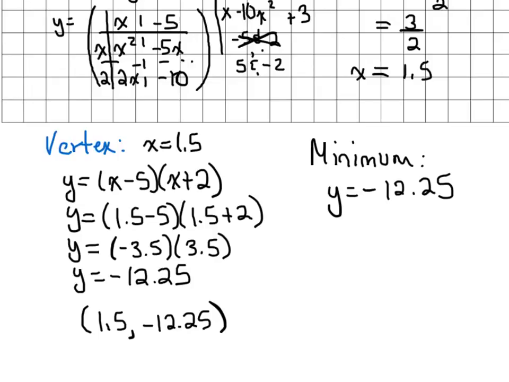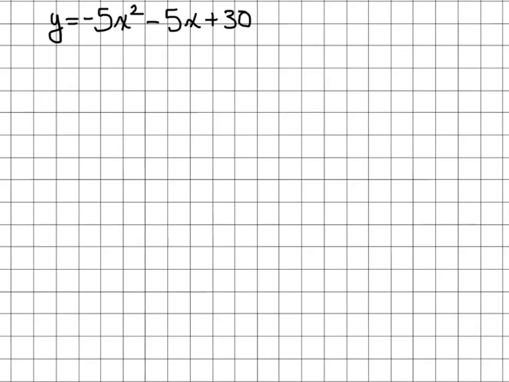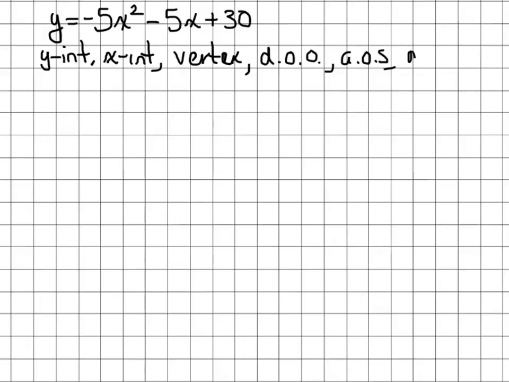So we'll just do one more where I will give you an equation, and what I want you to do is determine all of the properties. So here we have y equals minus 5x squared minus 5x plus 30, and I would like you to find the y-intercept, the x-intercepts, the vertex, direction of opening, axis of symmetry, and the max or min value.